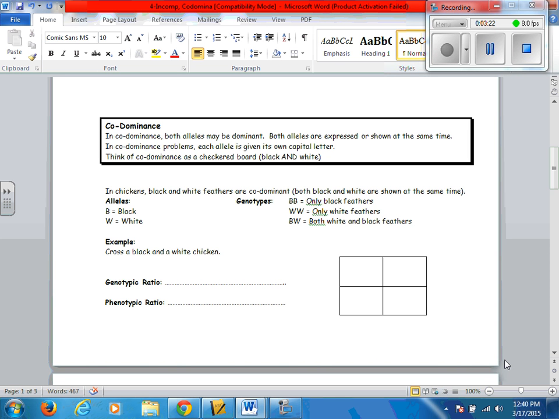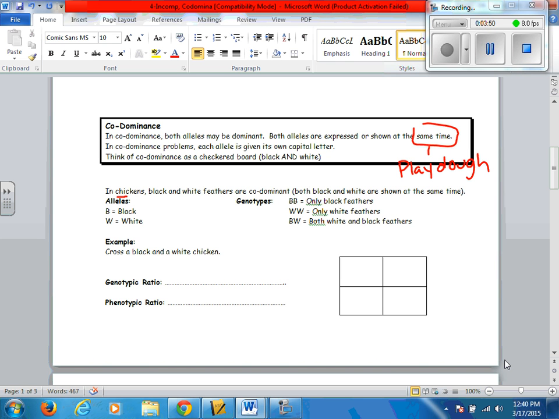In codominance, both alleles are dominant, and so you're going to get both alleles at the same time. What this is, just think Play-Doh. If I have red Play-Doh and green Play-Doh and I mix it all together, I'm not going to get a third color. I'm just going to have one big ball of red and green Play-Doh. This is just a mixture of both. You're not going to get a third color. Again, we get a both.